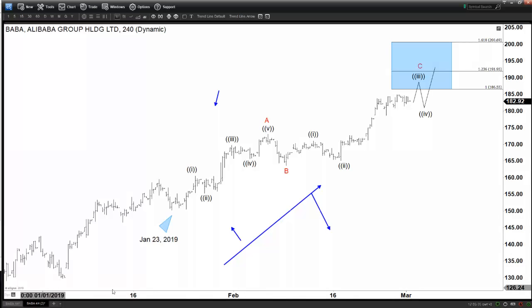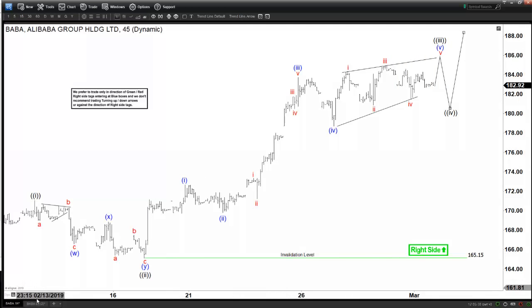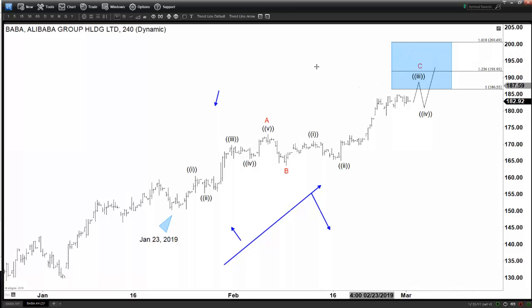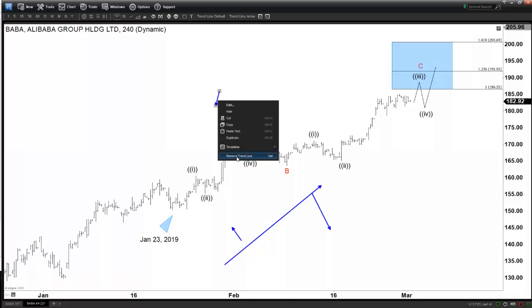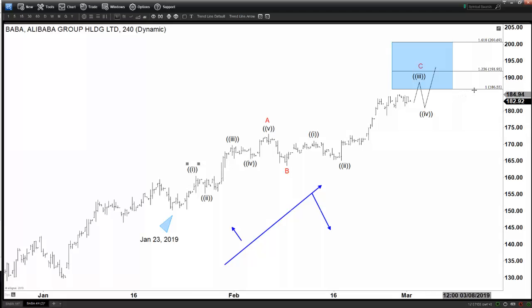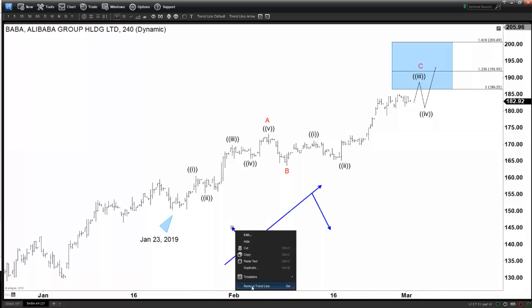In the shorter cycle, we can see more upside at least until we reach this blue box area, which is based on C equal to A. Once we reach the area, we might be able to finish this 3-swing cycle, giving us some sort of pullback. So the bottom line is that in the shorter cycle we should still see further upside in Alibaba, at least to 186.5 at minimum before we look for a pullback.